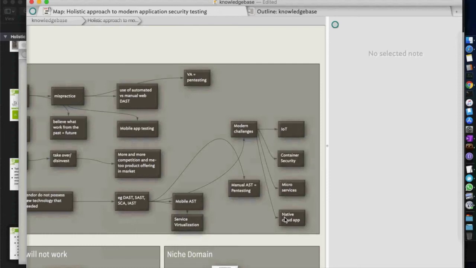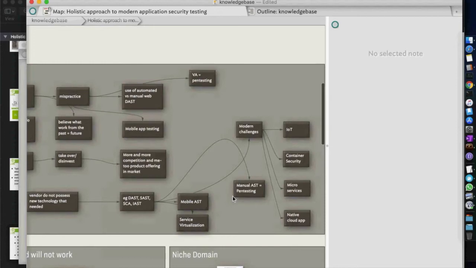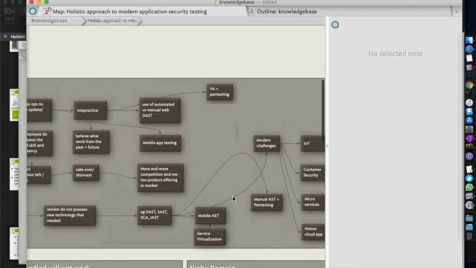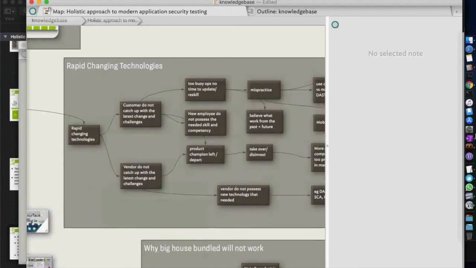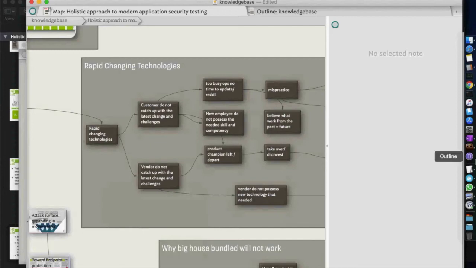We have not yet mentioned manual application security testing, which we typically equate to penetration testing. This is again another area that typically constitutes a problem scenario you will encounter. So let's move back.